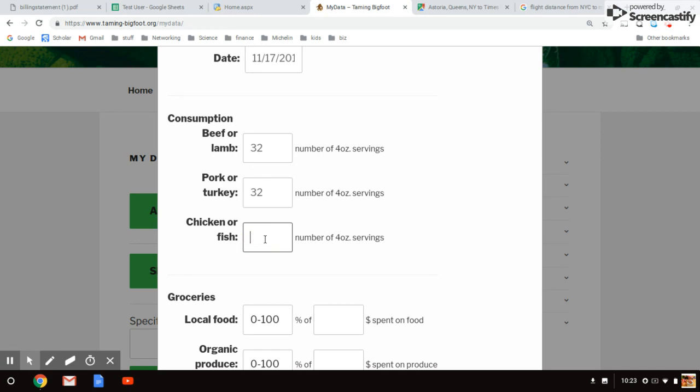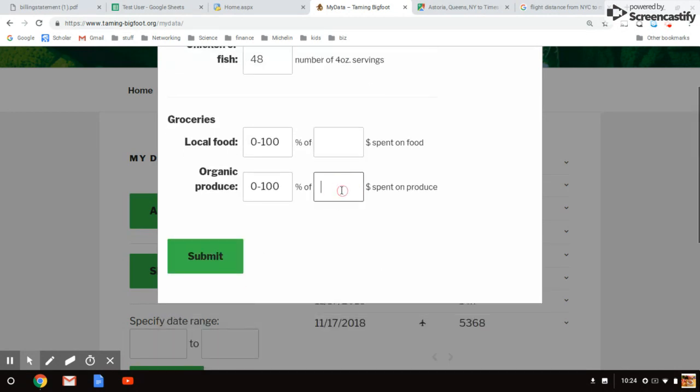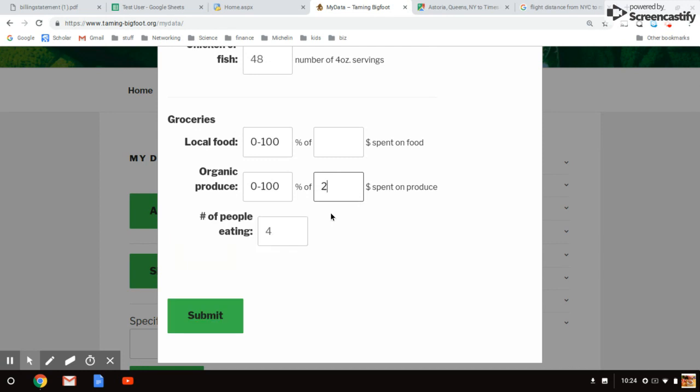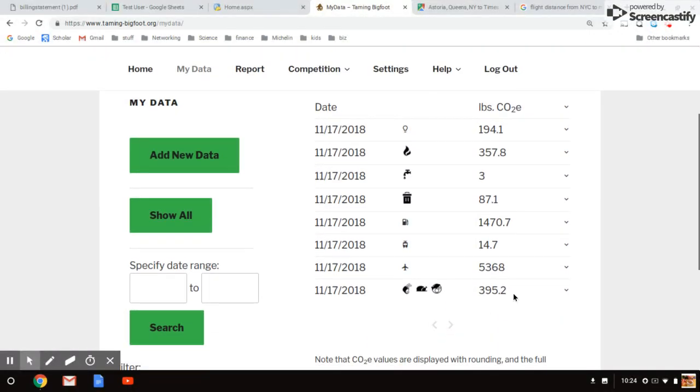Chicken or fish, the other 3 days, suppose it's 12 per week, 48 per month. Okay, I don't know how much this contributes. I just put 25%. They shop at Whole Foods periodically. Submit. Okay, so they produce 400 pounds of CO2 due to their food consumption. Probably not negligible.